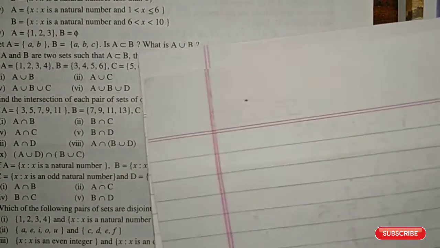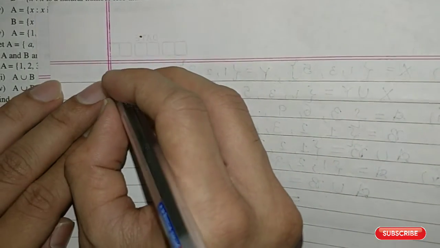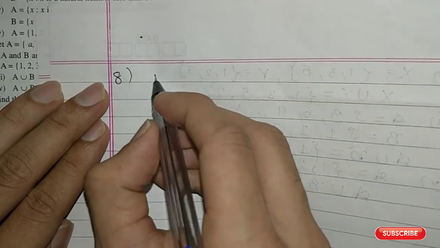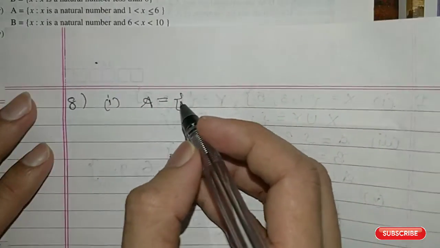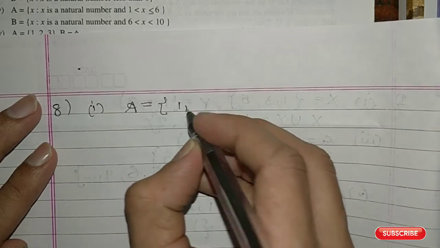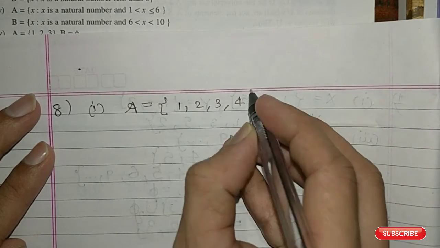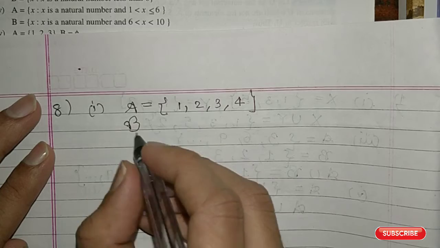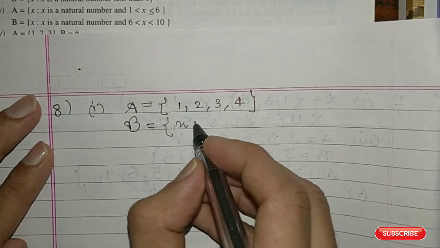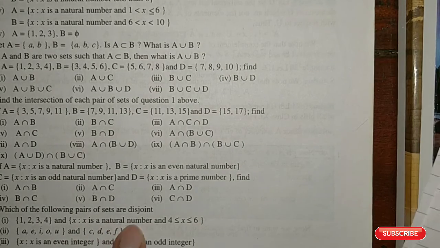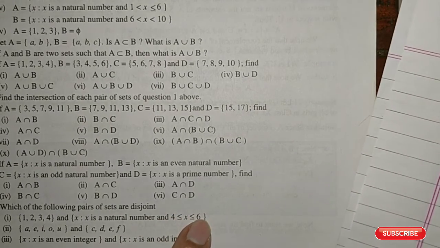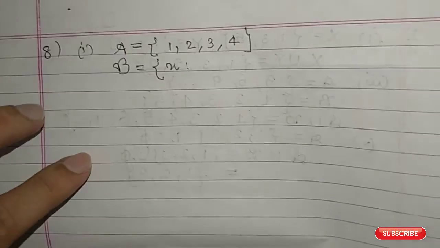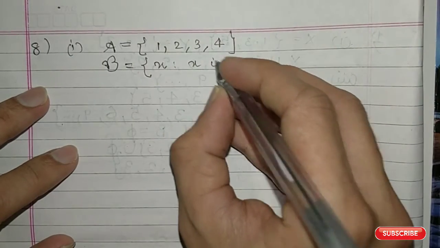So let us write the set A first. This is the first problem. Set A is 1, 2, 3, 4. And the set B is given as x such that x is a natural number and 4 is less than or equal to x, less than or equal to 6.